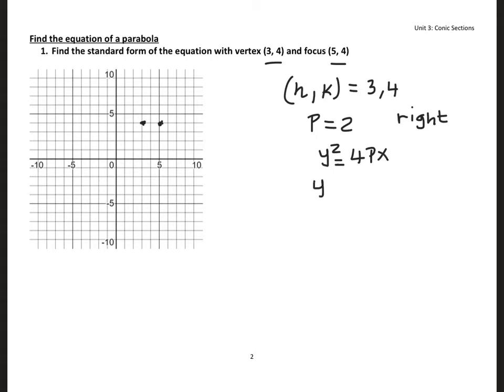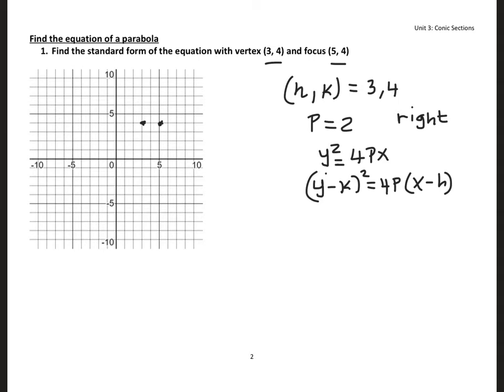But now remember, it's going to be (y minus k) squared equals 4p(x minus h). That will be the equation.